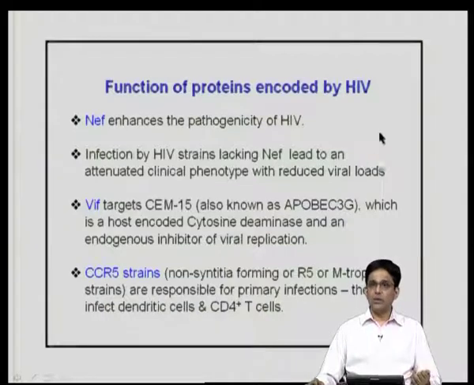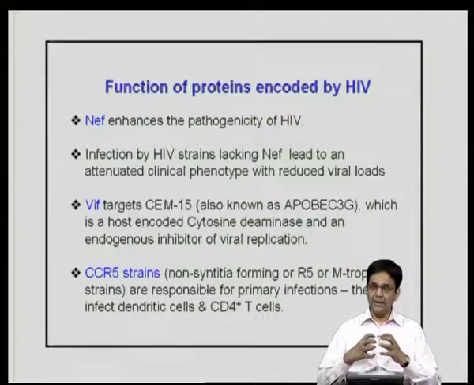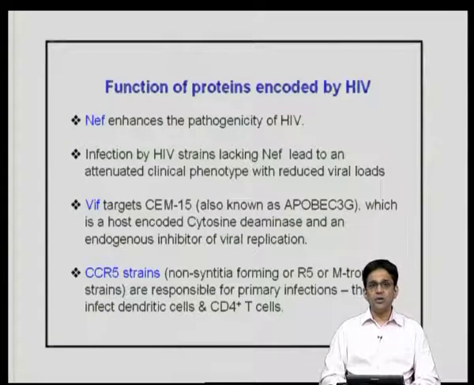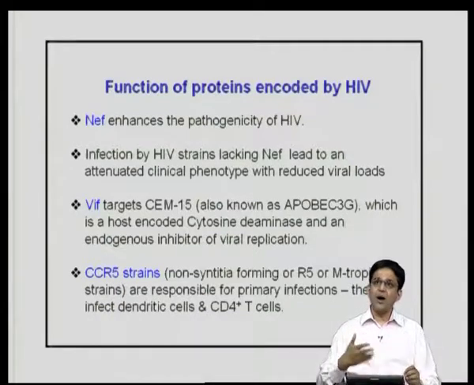Now NEF protein enhances the pathogenicity of HIV. So if you have HIV lacking NEF, it leads to an attenuated clinical phenotype with reduced viral loads. Now VIF is important because it targets a cytosine deaminase known as APOBEC3G. So if you have HIV that lacks VIF or encodes a non-functional VIF, then you have a high rate of mutations.